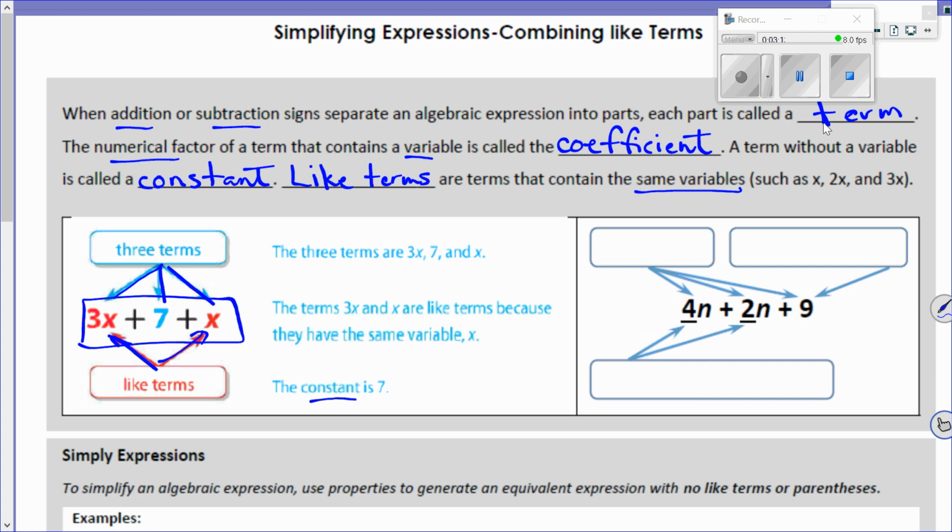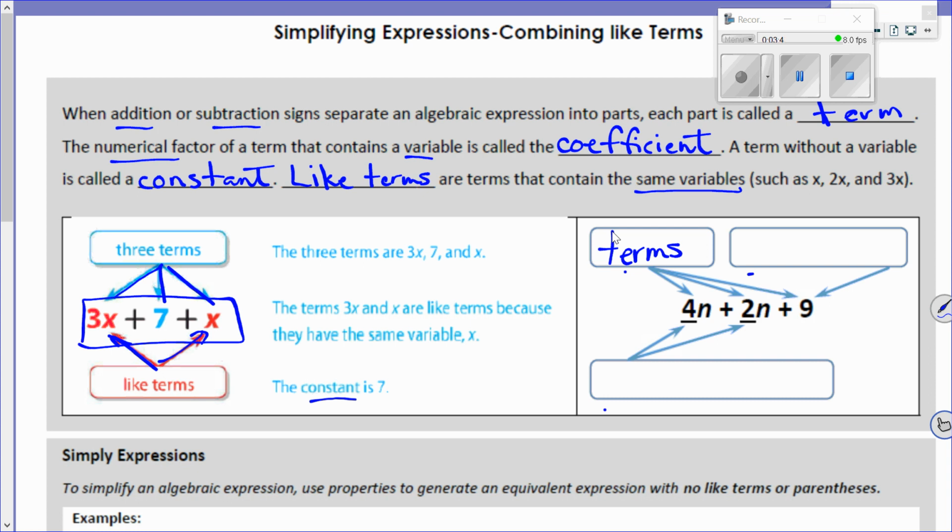Now, I want you guys to go ahead and take a minute to fill in our three bubbles on this side. Fill in the appropriate terms. The first box is what? Terms. So the three arrows go to the terms. The one arrow going just to the 9, that is called the what?